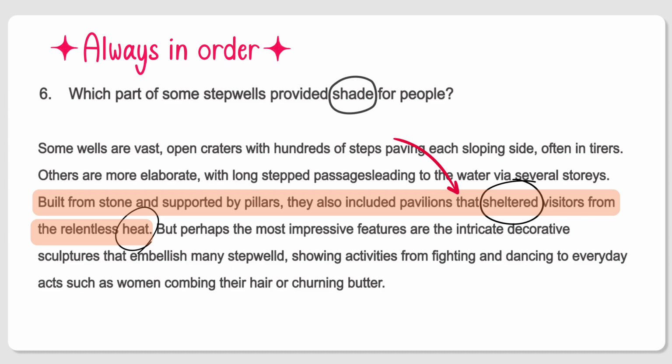Here, that connects the two clauses together and provides the information for pavilion. So it is the pavilion which provided shade for people, which sheltered visitors from the heat. So the answer to which part of some stepwells is pavilion, right? That is the answer for this question.